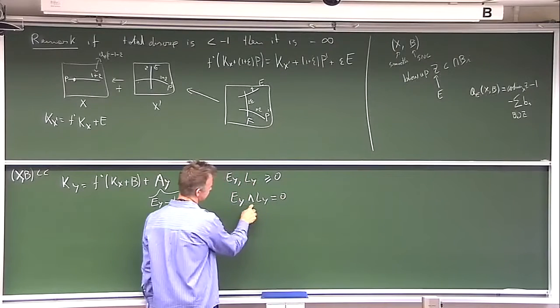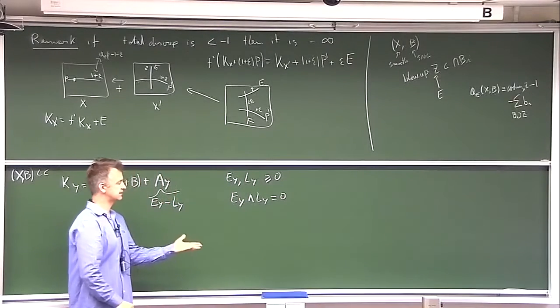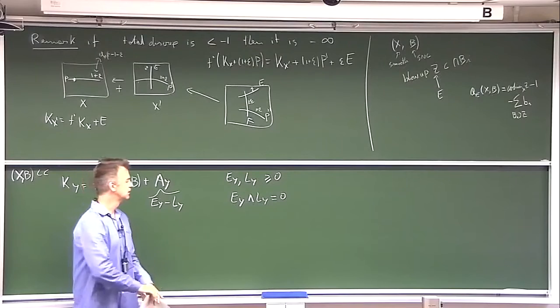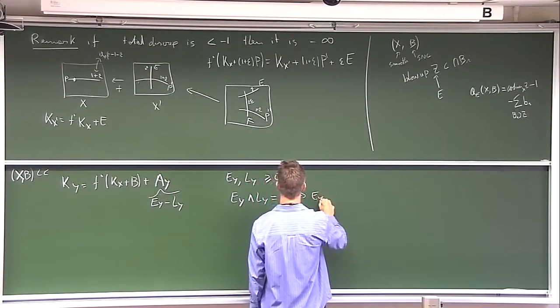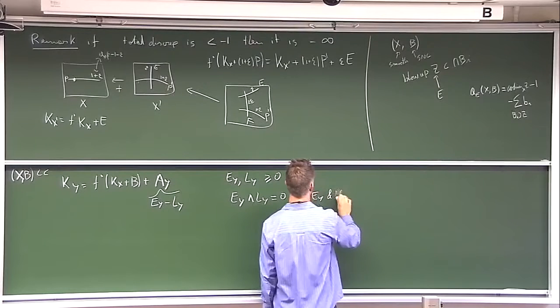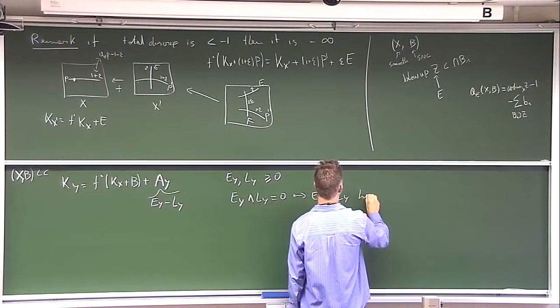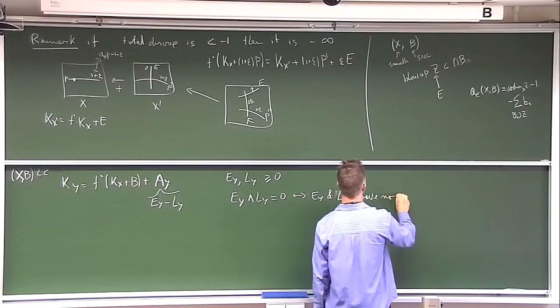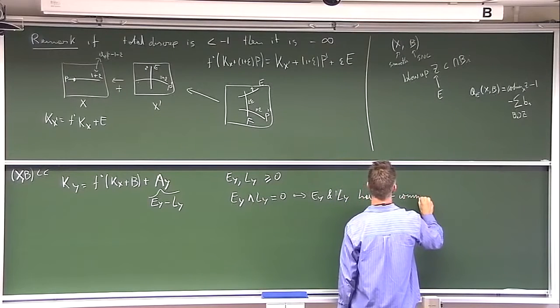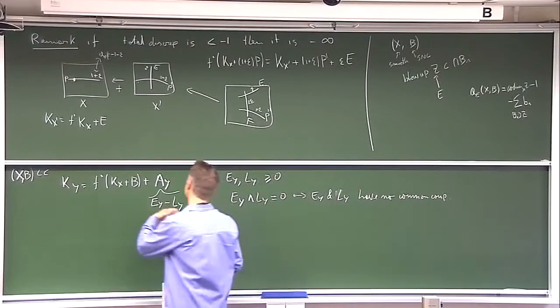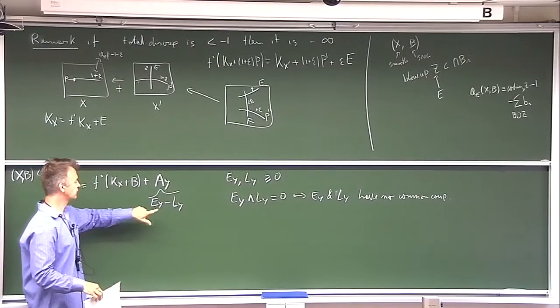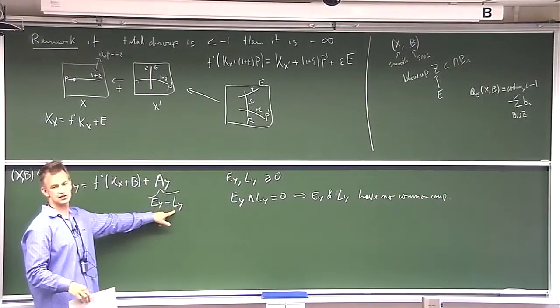So this funny symbol means the biggest divisor that's contained in both of these. What this means is simply EY and LY have no common components. All I'm doing is taking the stuff in AY with positive coefficient, putting it here. With negative coefficient, putting it here.